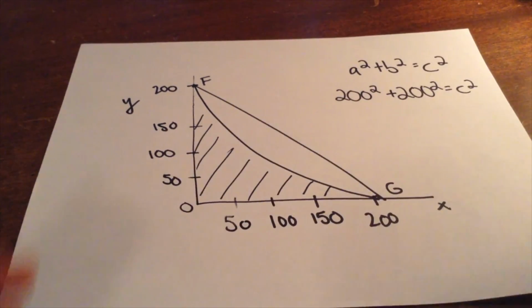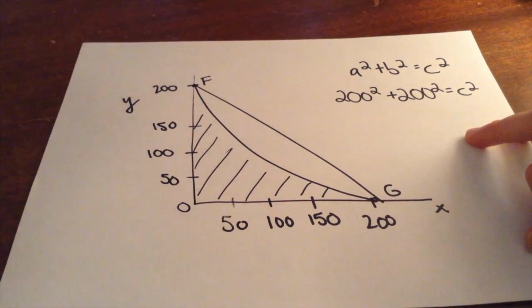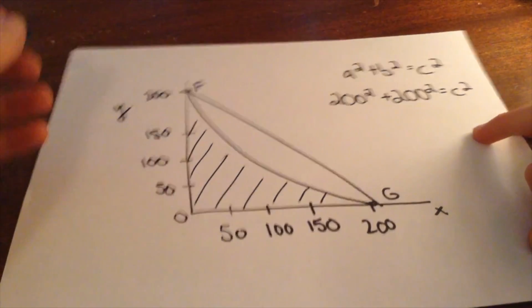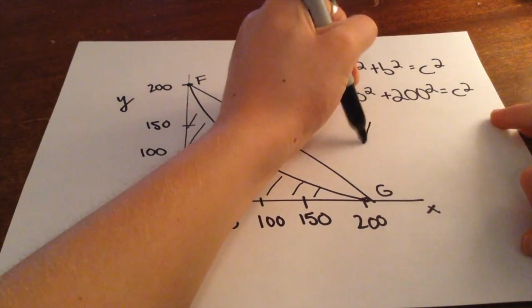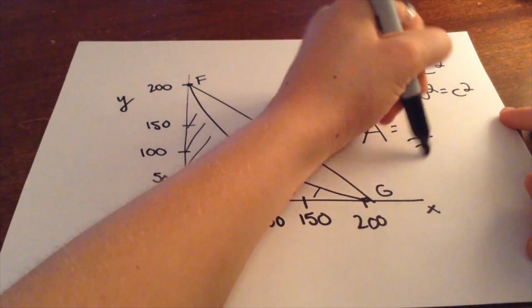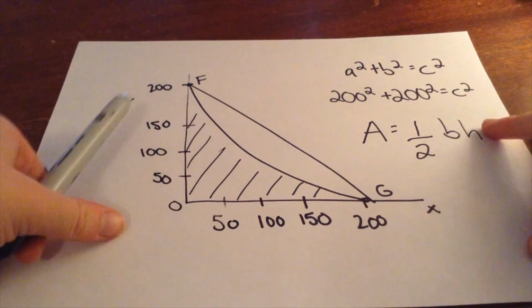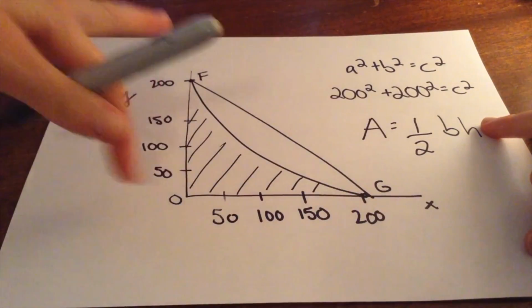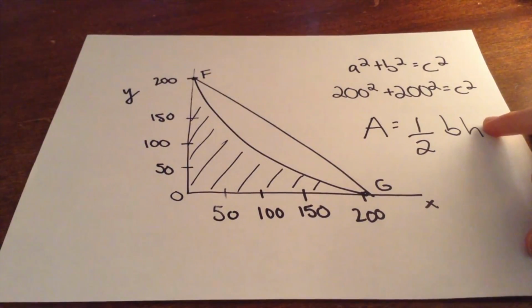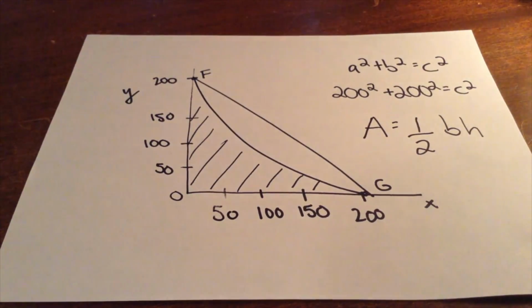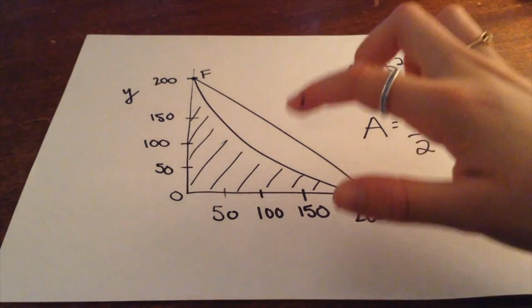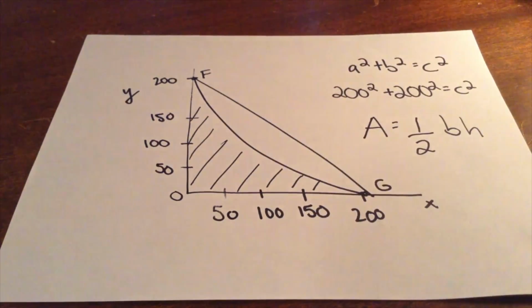So it looks to me like he found this area because he used the formula for the area of a triangle, which is A equals 1/2 base times height. In this case, the base would be 200 and the height would also be 200, so it would be 1/2 times 200 times 200. But the area of the shaded region is this area right here.